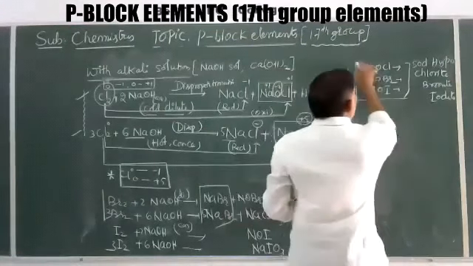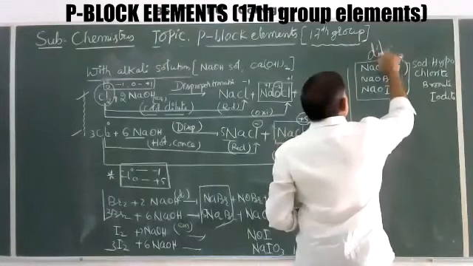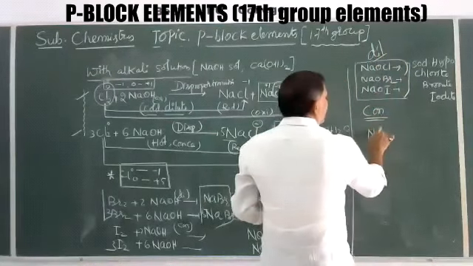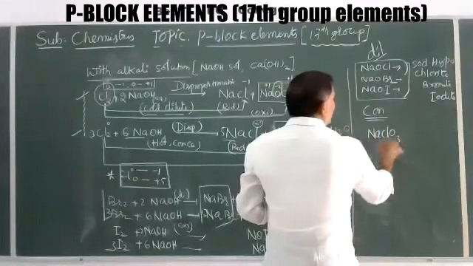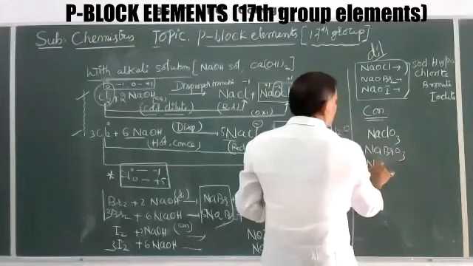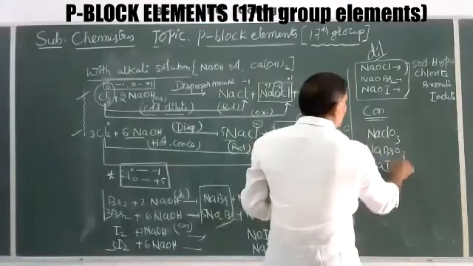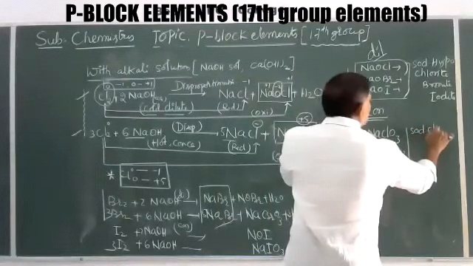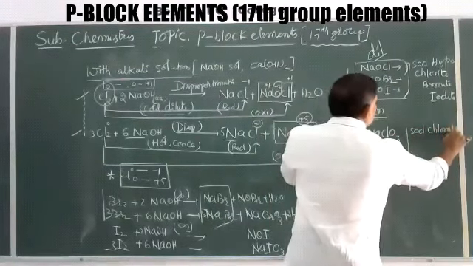It is under dilute conditions, whereas in concentrated conditions, it gives NaClO3, NaBrO3, NaIO3. These are sodium, not hypo. Simply these are called chlorates.